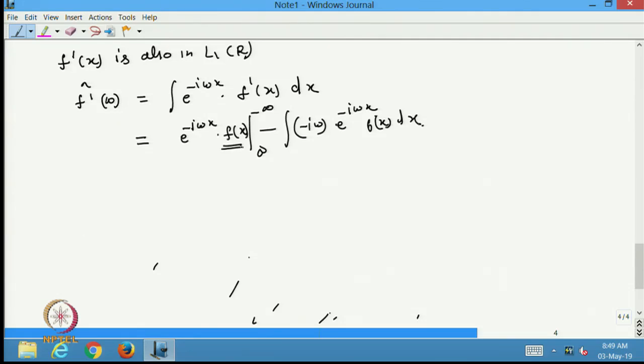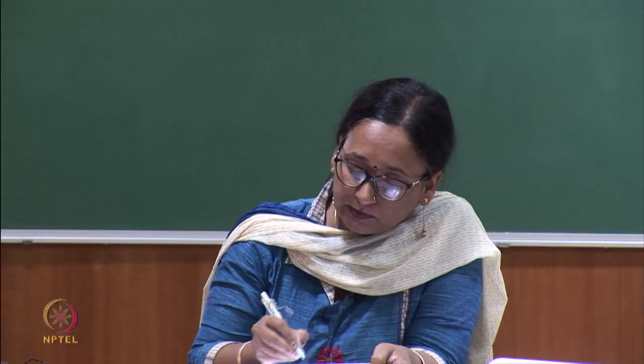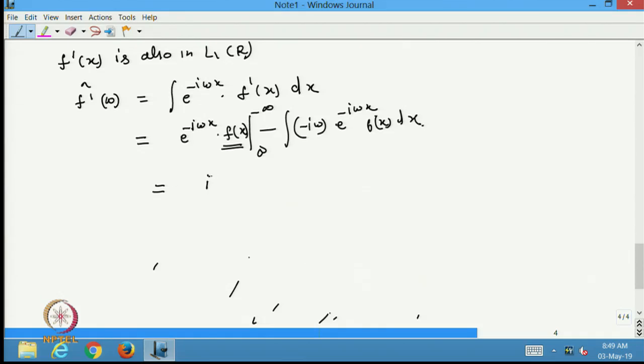This is an L1(R) function. So, L1(R) functions always tend to 0 as x tends to plus minus infinity. That is the property of a function which belongs to that space. So, basically this is i omega f hat of omega.